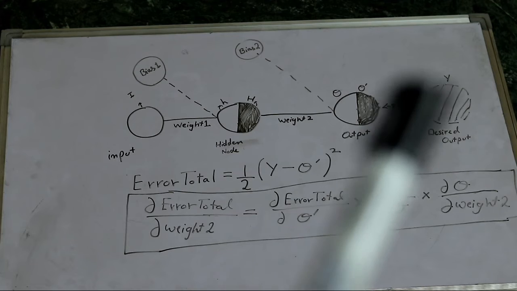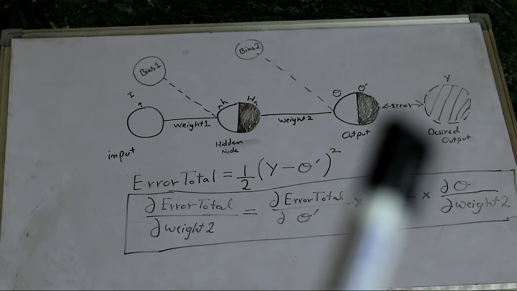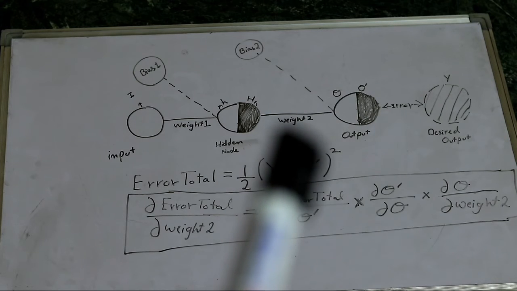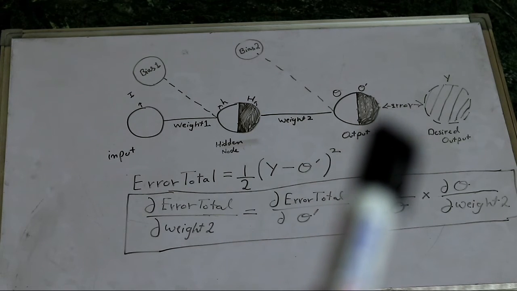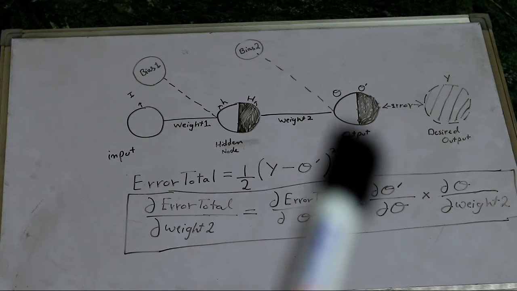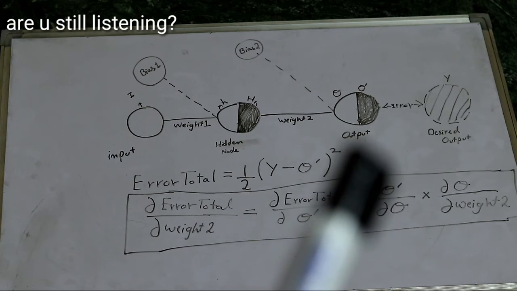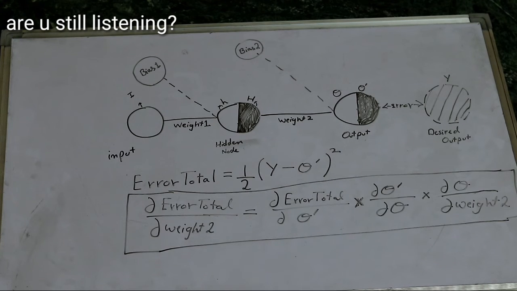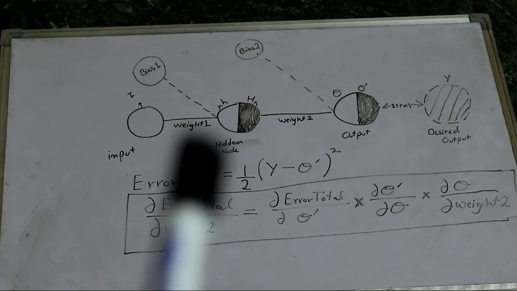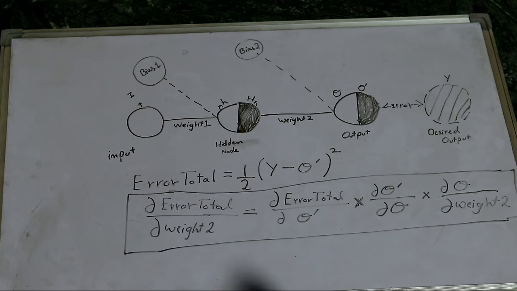So using the chain rule in partial derivation, we can say that the change in error with respect to weight 2 is equal to the change in error with respect to the output, multiplied by the change in the output with respect to the unactivated output, multiplied by the change in the unactivated output because of weight 2. If you solve this, you'll get how much the total error is changed with respect to weight 2. So that's how it is derived.